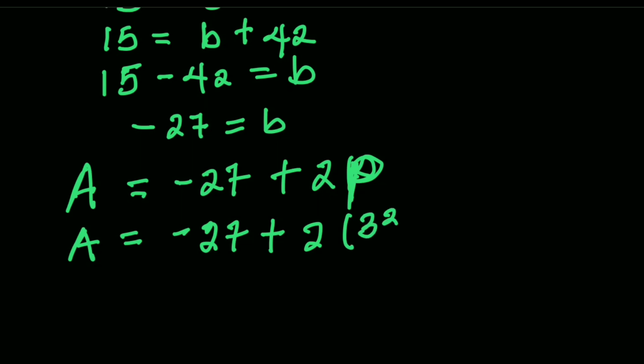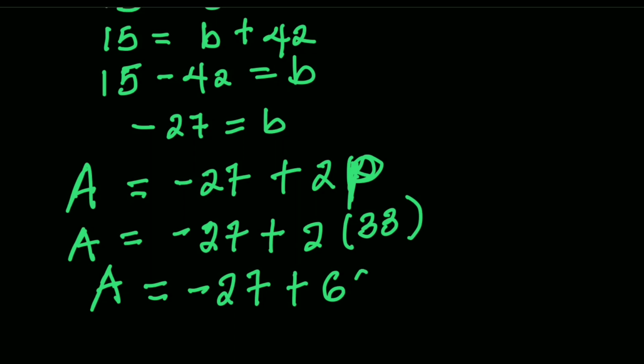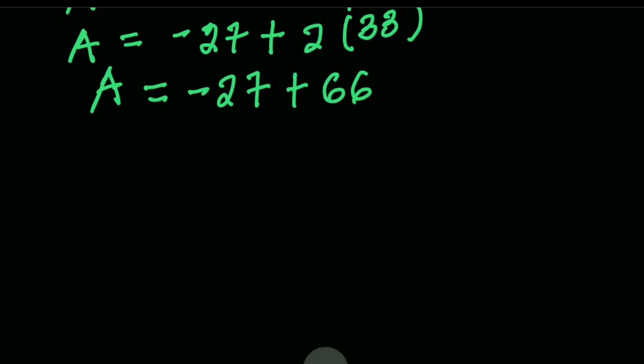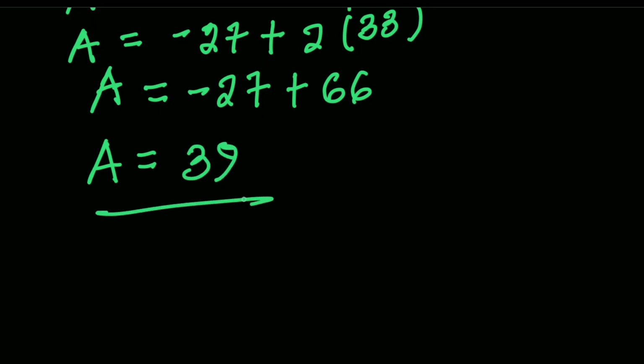So we substitute P as 33. And this is A equals minus 27 plus 2 times 33, that's 66. And finally, we are going to have the value of A equals minus 27 plus 66. That's going to give us plus 39. And so that's the value of A.